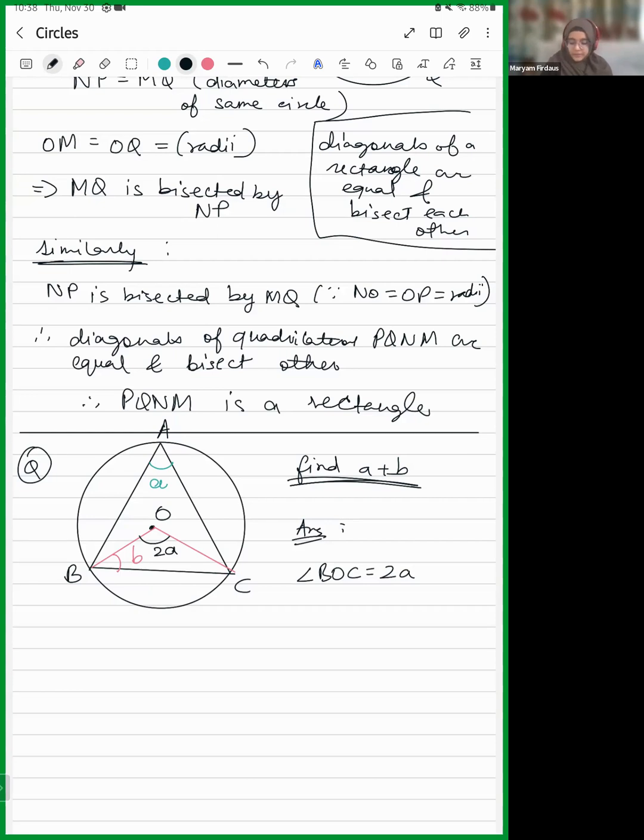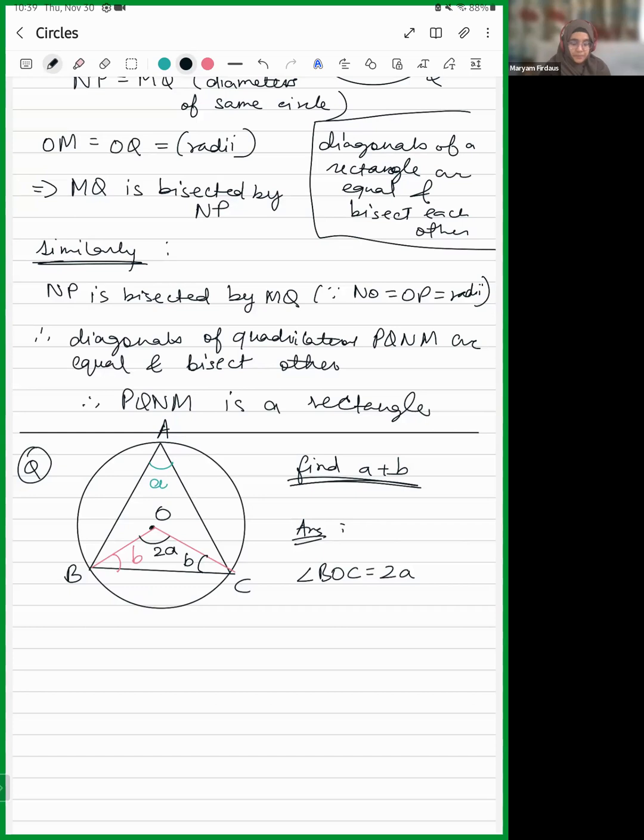So this is going to be 2A. And now since this pink triangle is an isosceles triangle because both of the two sides are radii, right? So it's an isosceles triangle. So this is also going to be B. This is also going to be B.